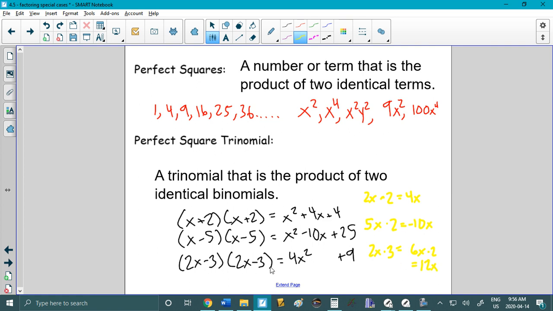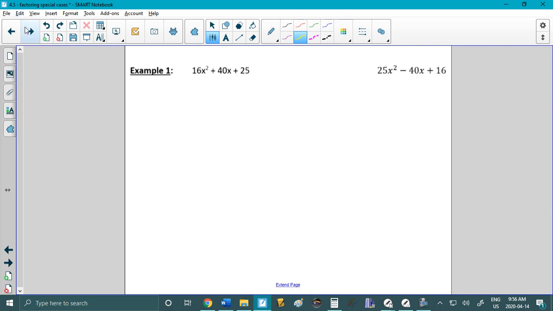We've got negatives here, so it's minus 12x. Okay, so I really haven't sort of given you the full lesson yet. I'm just kind of hinting at it. But now I'm going to do two examples that will serve as the lesson. And I encourage you, as always, watch me do the first one, and then you try the second one.